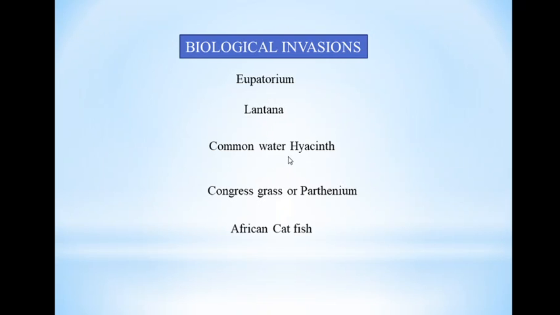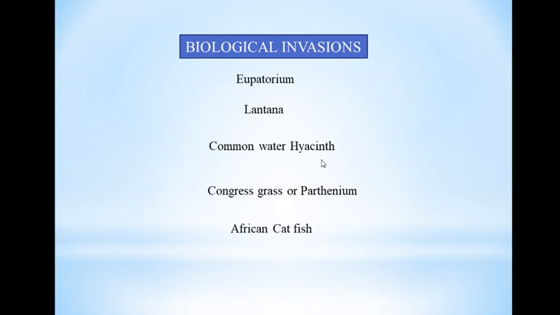And the common water hyacinth, which has come from the Amazon basin, we see everywhere in the water bodies in India, the ponds, lakes, marshes, bogs. Every water body is filled with the water hyacinth. In the process of eutrophication, that is the enrichment of nutrients in the water bodies, that leads to the death of the water bodies, the ponds and lakes.